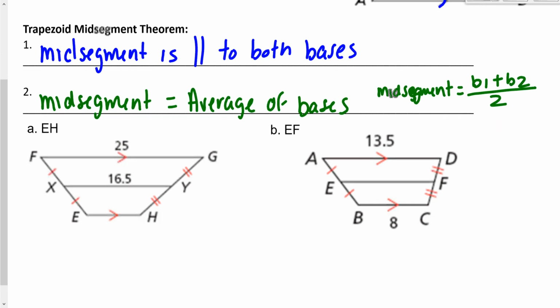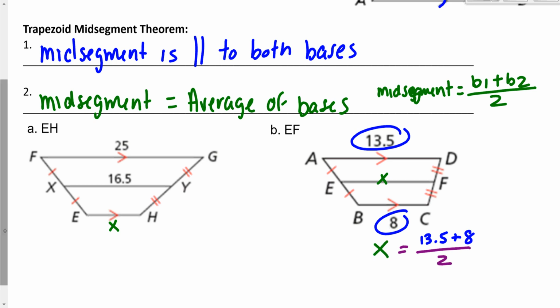So how does this work? Well, here I'm talking about the sides, and I'm going to put an X here. I'm actually going to start with part B because B will be a little bit easier to understand. I'm looking for EF. So what do I need to know? Well, I know that when I add the two bases together, the 13.5 plus the 8, and then I divide it by 2, that is going to be equal to the midsegment.